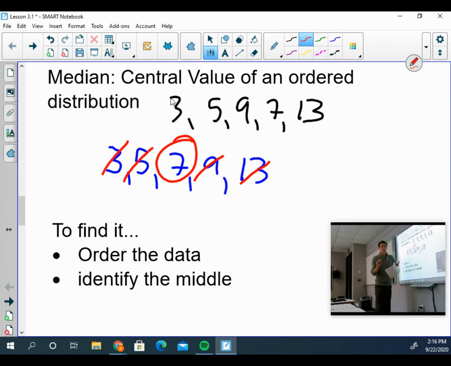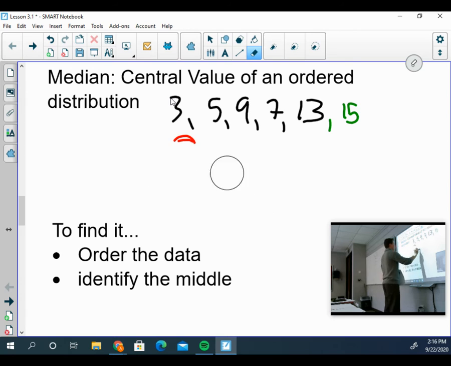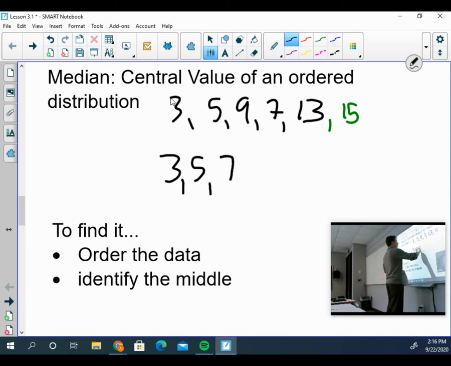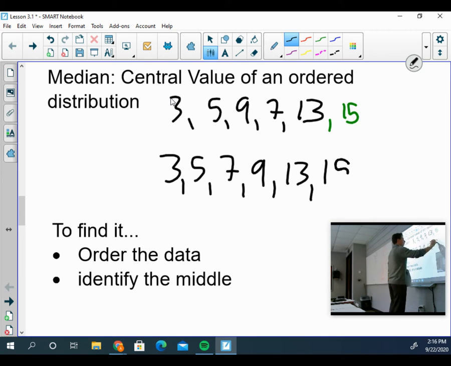And then you got that really challenging problem where maybe there was an even set of data values. Let's say we threw 15 in here. And so then what you had to do was not only organize them and cross them off, but when you did that and you got to the middle, then you had to add these two together and divide by 2.